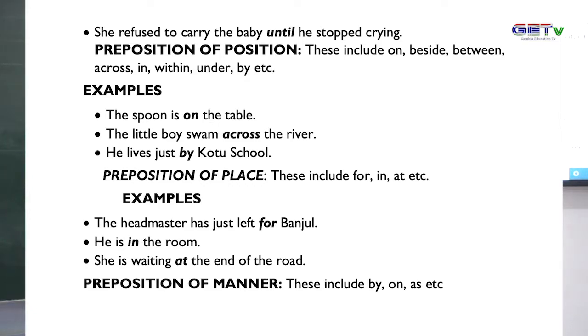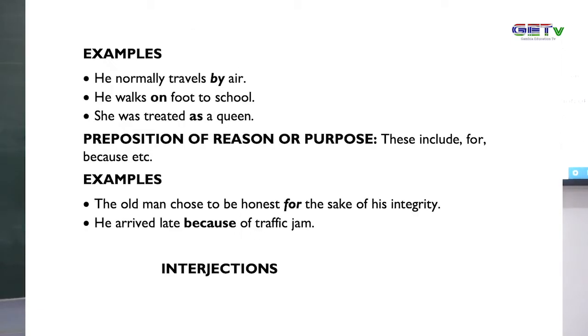From there, we move on to another function of prepositions, which is preposition of manner. This includes by, on, as, etc. Examples: 1. He normally travels by air. 2. He walks on foot to school. 3.